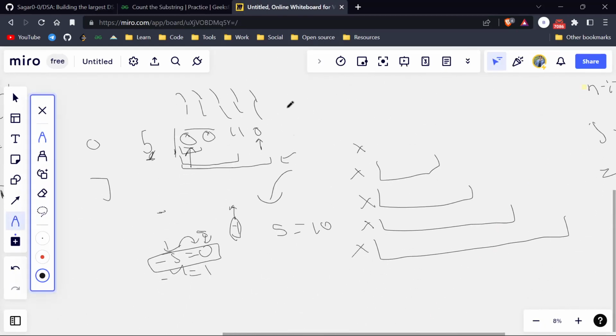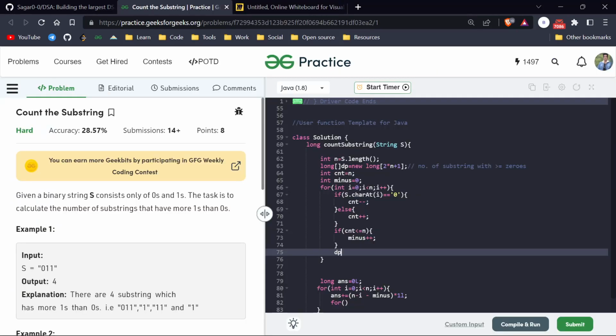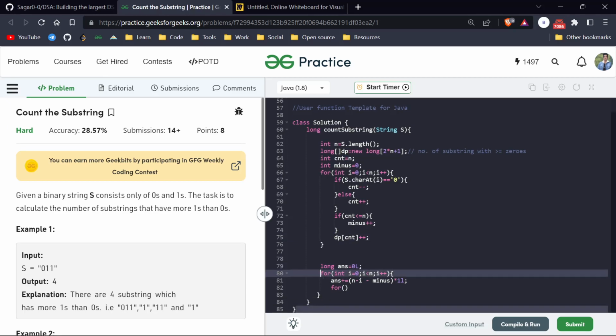So how we were storing in our DP, we just have to do DP of this current count plus plus, and that is it. So that is how we are creating our DP. And after that we have this answer, and we also need this minus value. So initially it is already initialized. So at this point, let me just try run this thing.